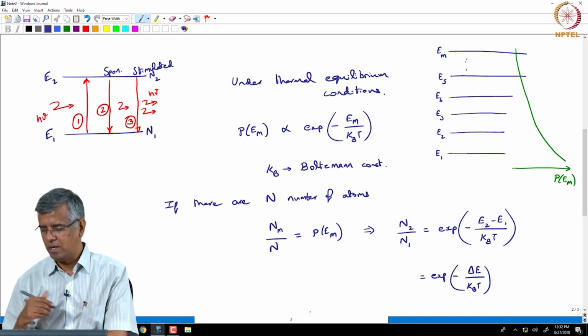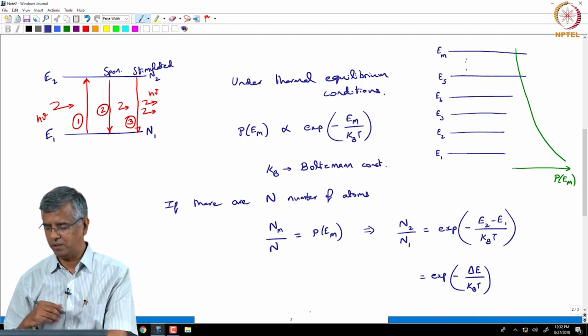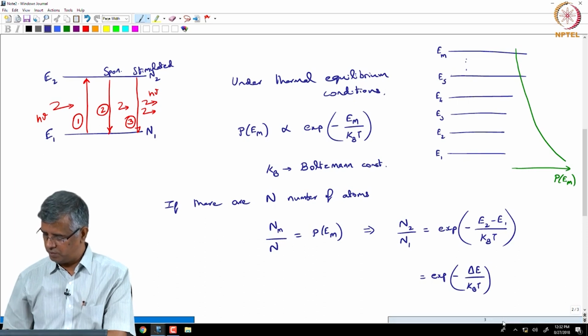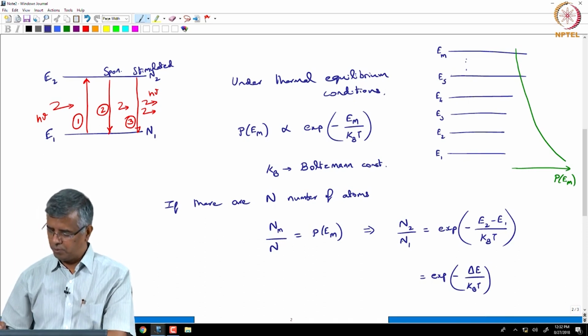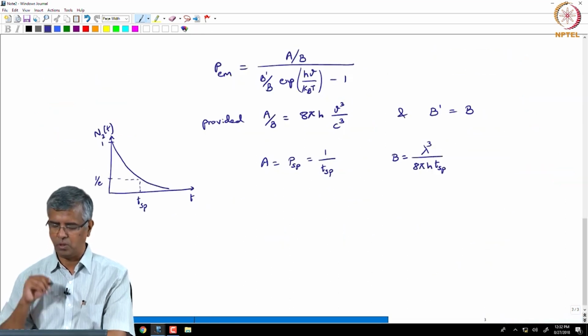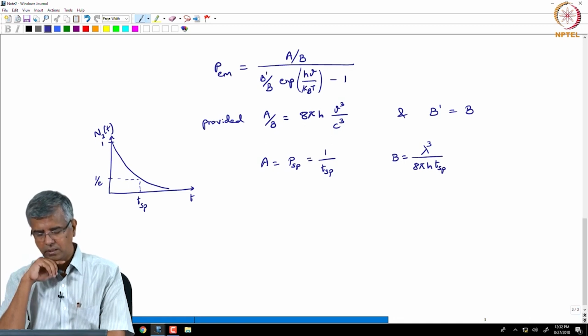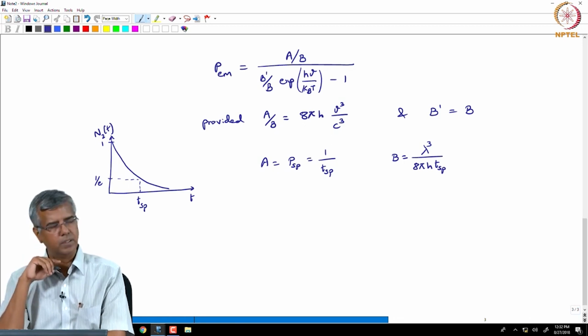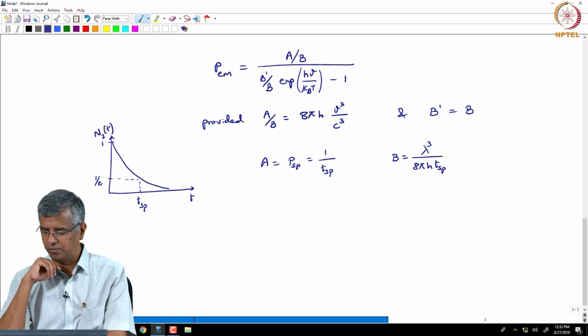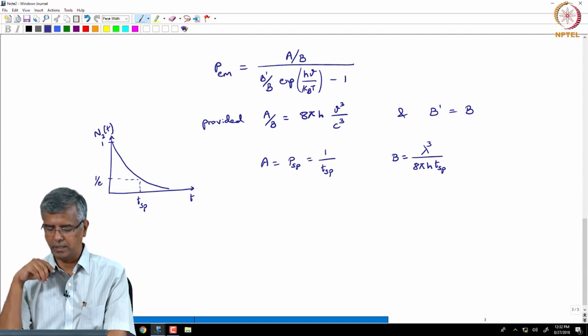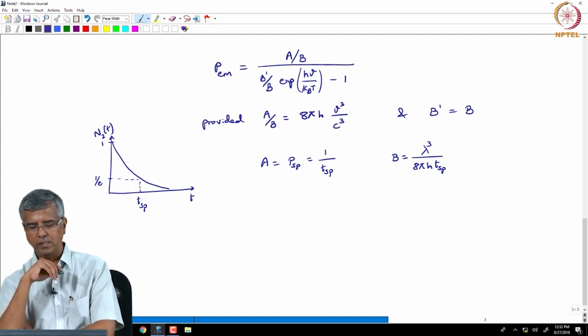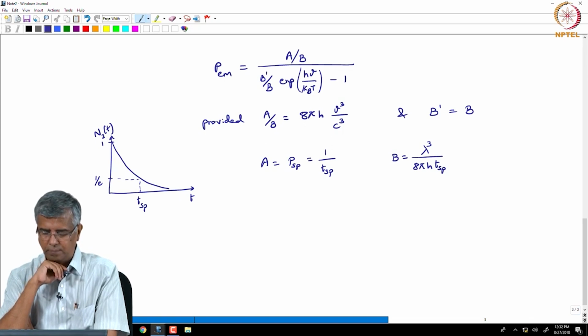So, you have higher probability for more thermal energy, and so we got this expression for N2 over N1. You invert that, you get N1 over N2, which we plugged back into the expression for the probability density of emission, and we said okay, it's all consistent with Planck's black body radiation theory.